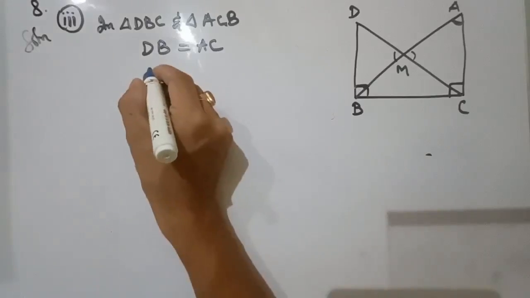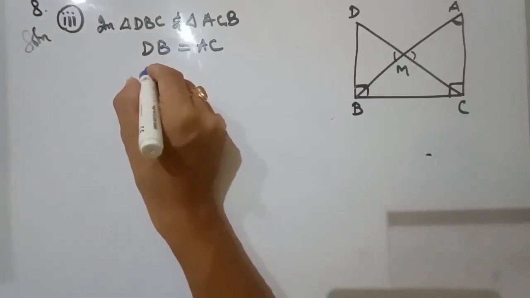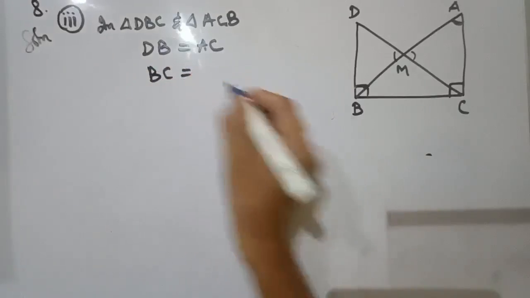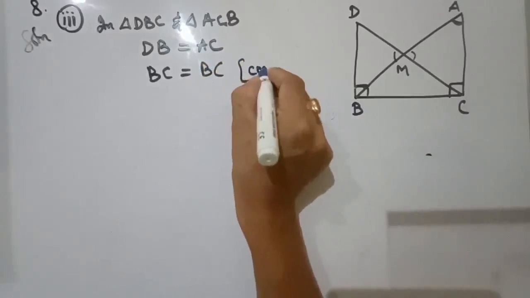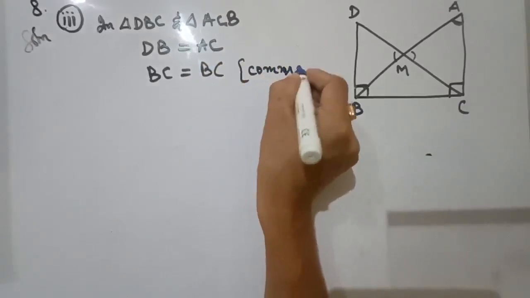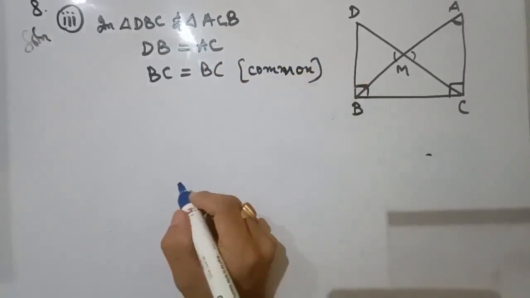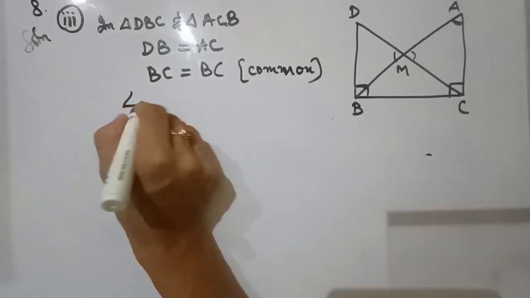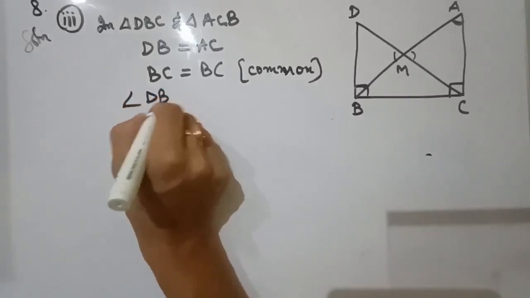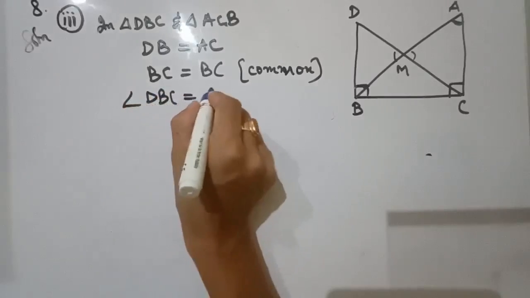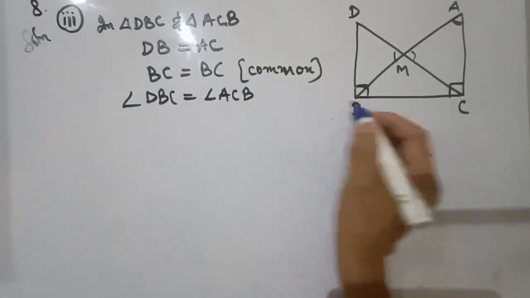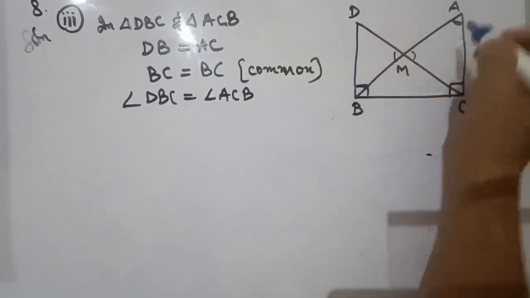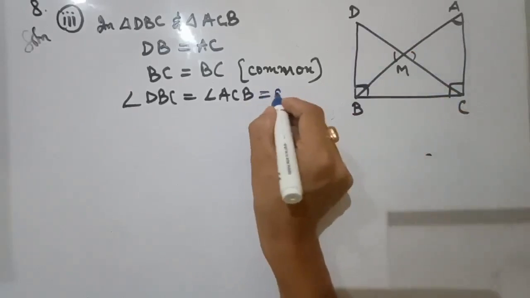So next, side BC is equal to BC, that is, they are common side, common to both the triangles. Next, angle DBC is equal to angle ACB. Angle DBC is equal to ACB, that is 90 degrees.